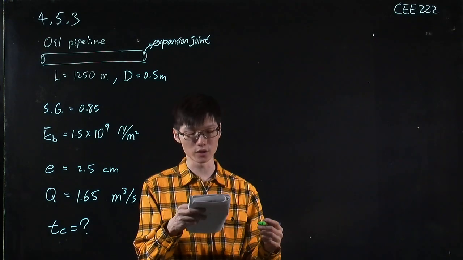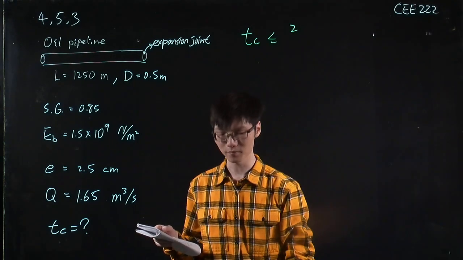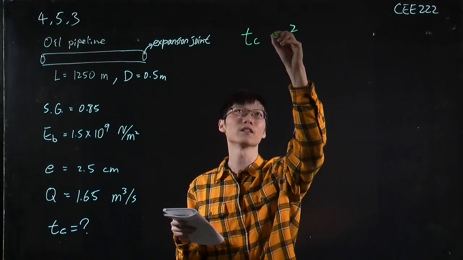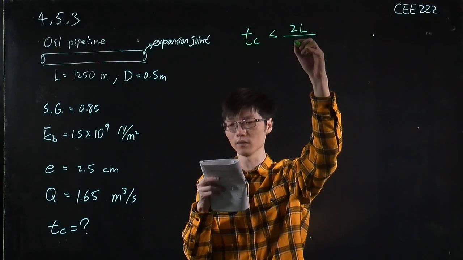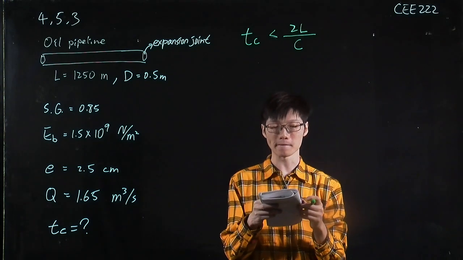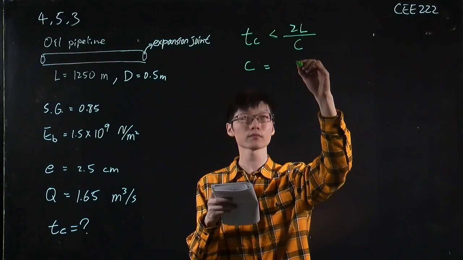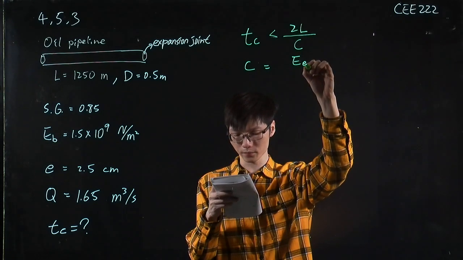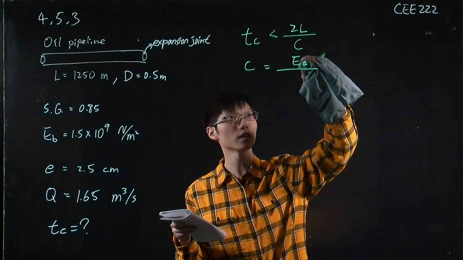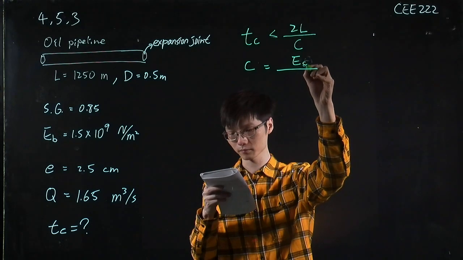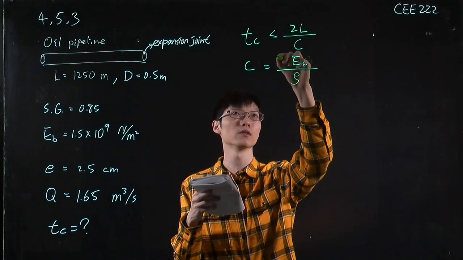The rapid valve closures are those in which the closure time is less than 2L divided by the velocity of the pressure wave, C. And this speed of the pressure wave, C, is equal to the square root of EC, sorry, not E, this is EC, which is a composite modulus of elasticity, divided by rho.